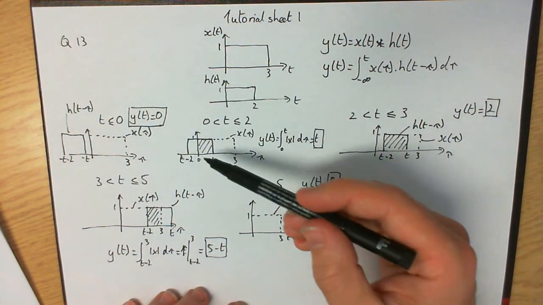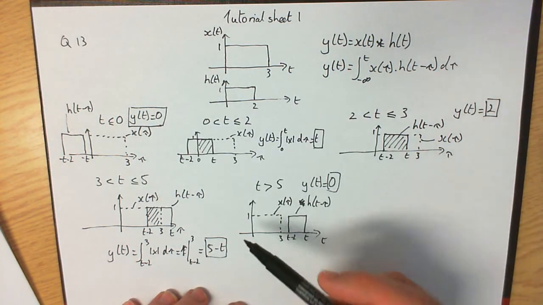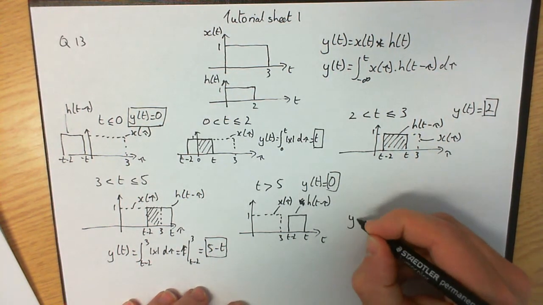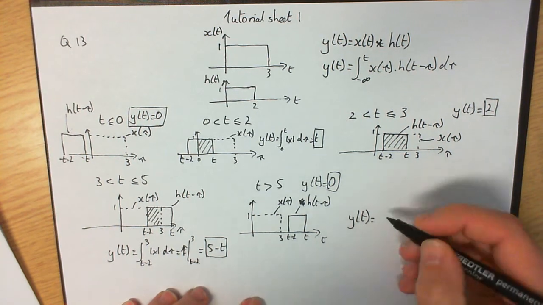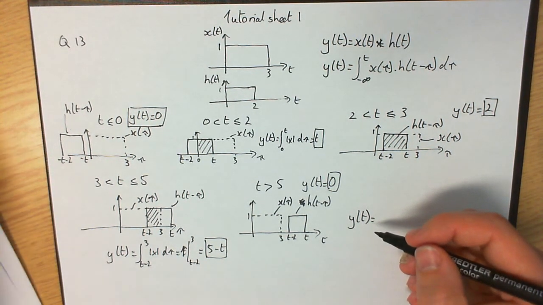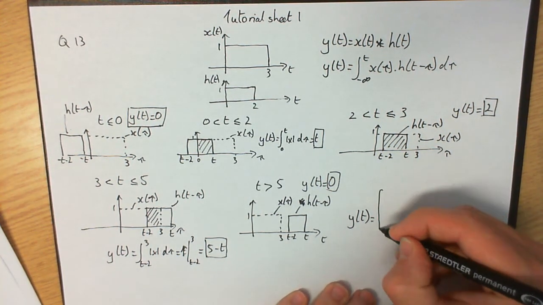So we've got our various elements that we need, so we need to summarize that to say y of t is equal to all the equations that we've just derived.